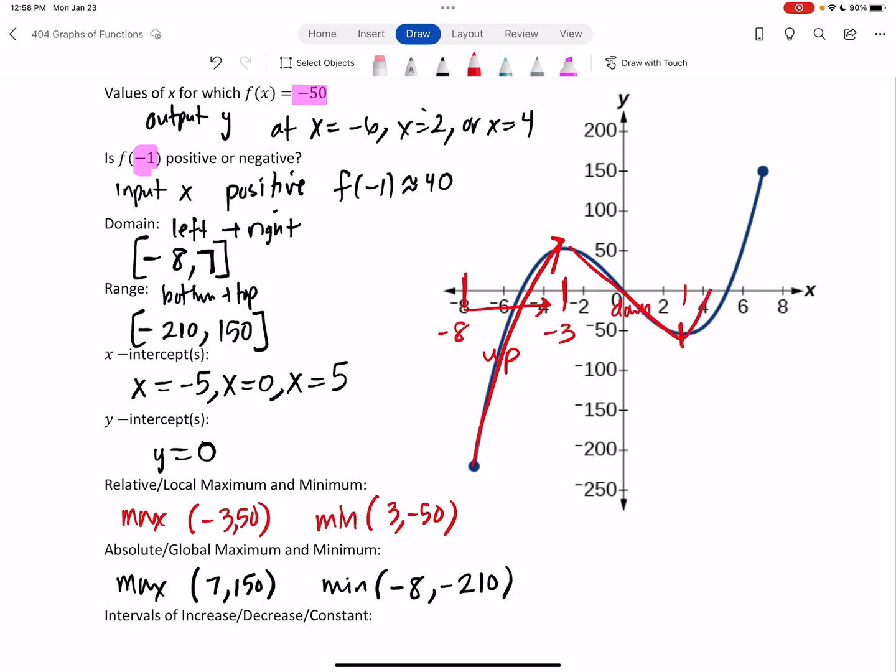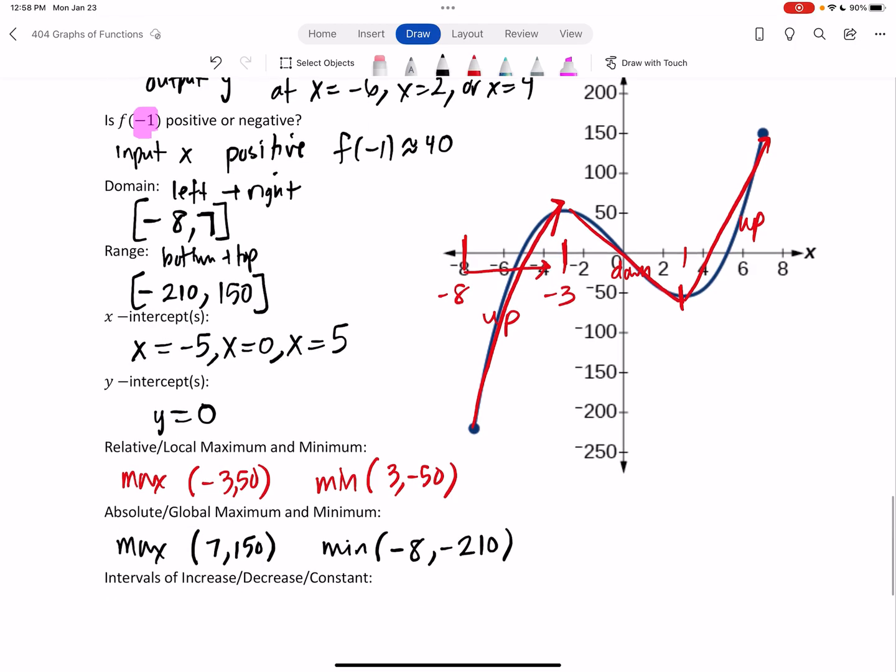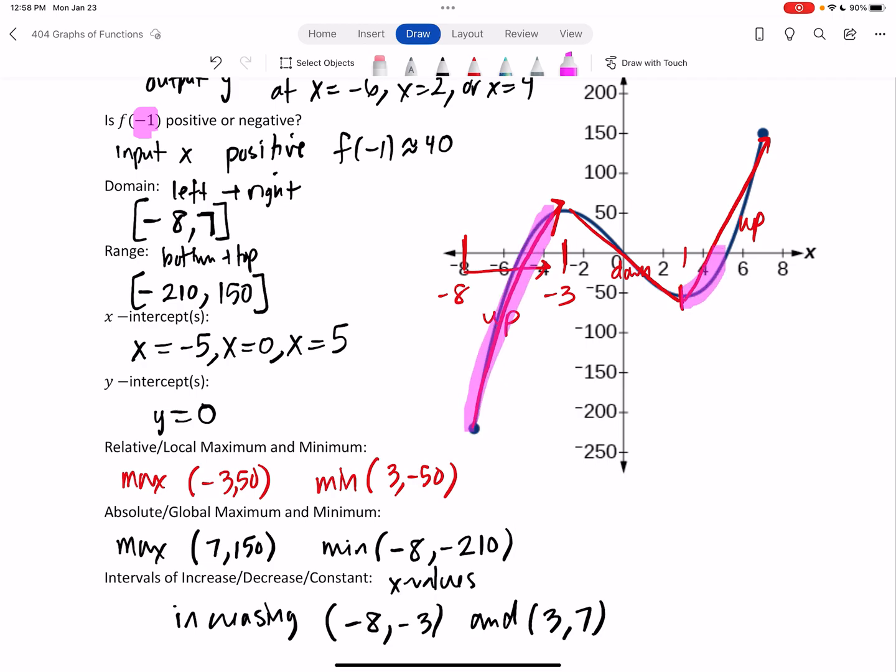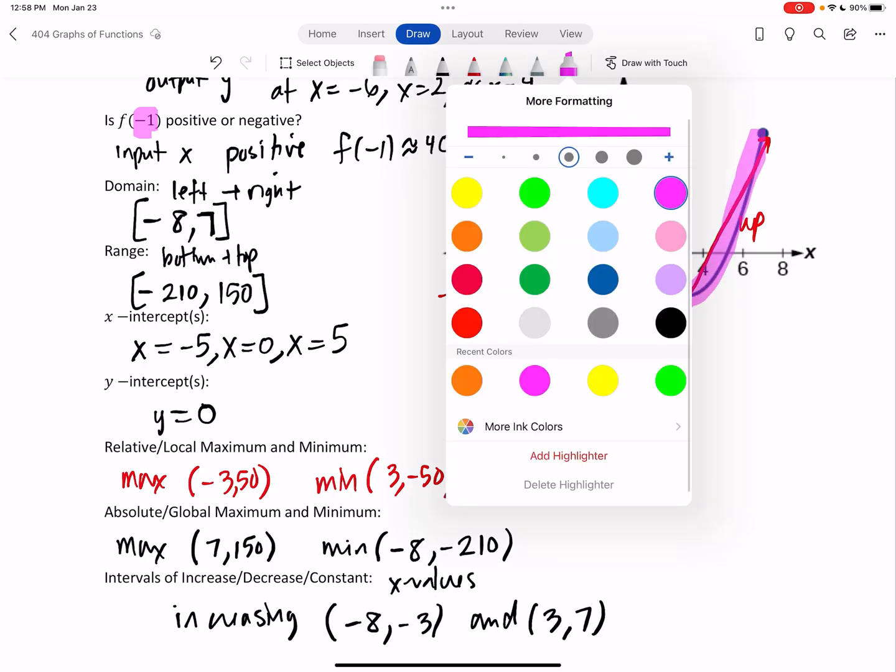And then from positive 3 until 7, we're going back up. So when we're going up, we're increasing. And these are x values, okay? So we're increasing from negative 8 to negative 3 and from 3 to 7. These were these 2 places where the graph was going up.